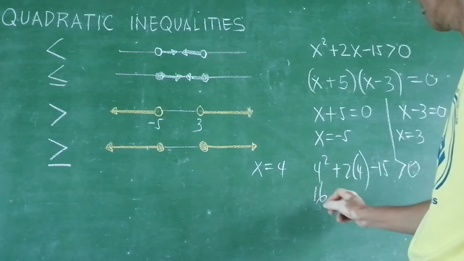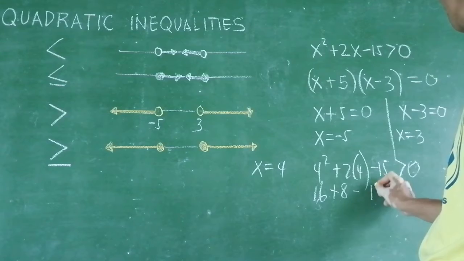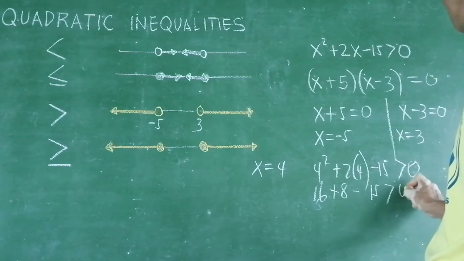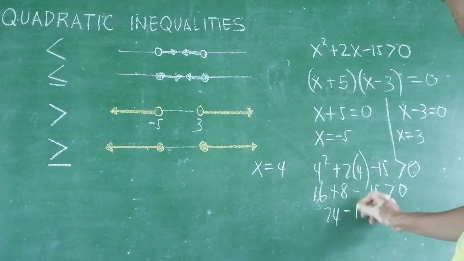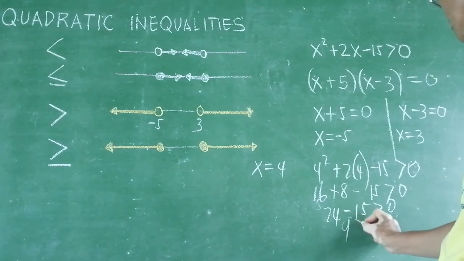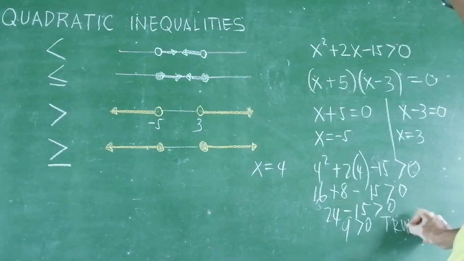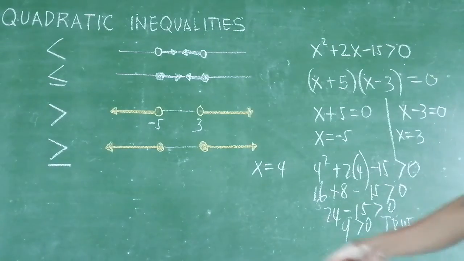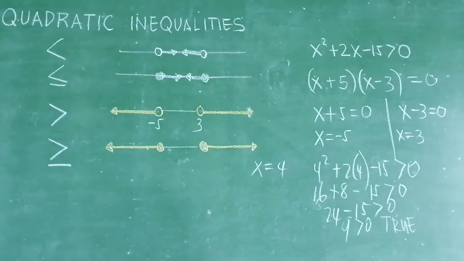So this will be 16 plus 8 minus 15 must be greater than 0. So that will be 24 minus 15 must be greater than 0. So this will be 9, which is greater than 0. So we say this is true. When it is true, we say that it is a solution. So 4 is a solution.